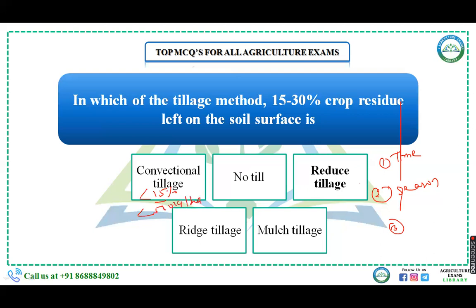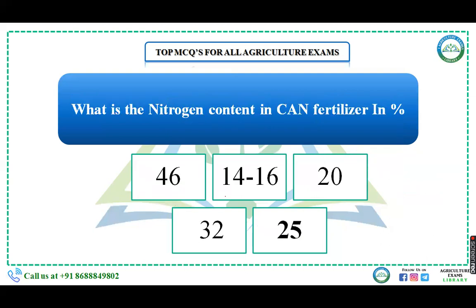In reduced tillage, 15 to 30% of the crop residue is left, or 560 to 1120 kg per hectare. And in conservation tillage, it is greater than 30% crop residue, or greater than 1120 kg per hectare. So according to the question, our right answer is reduced tillage.